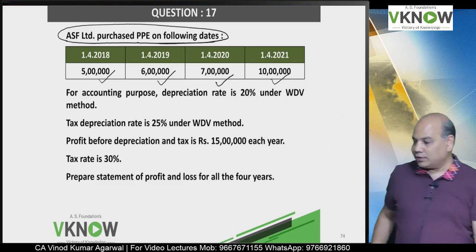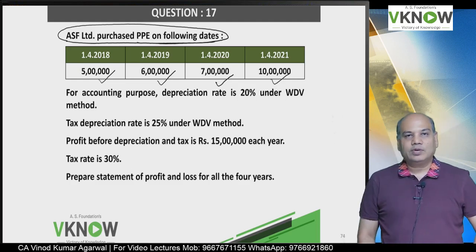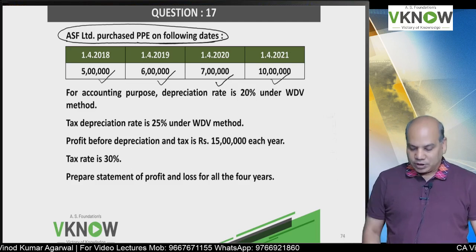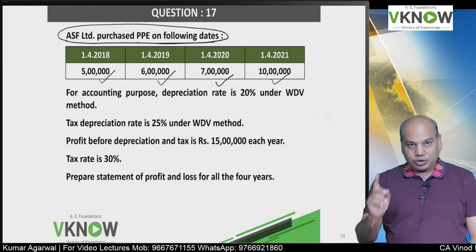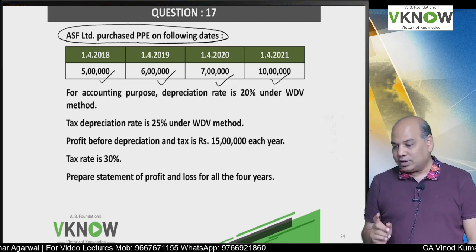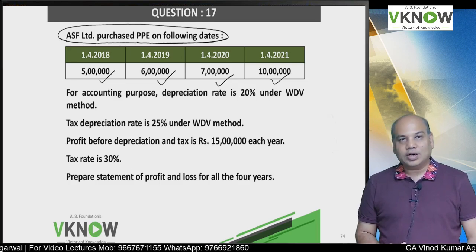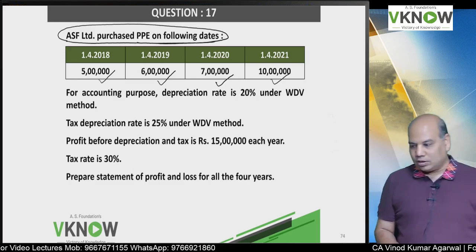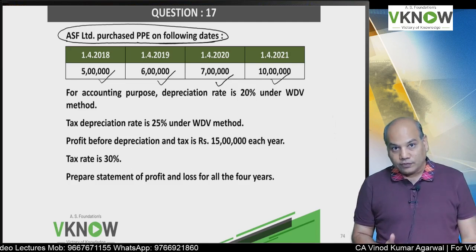So to make your life more miserable, they have given WDV method, which means every year the depreciation amount will change. PBDT is 15 lakh, tax rate 30%. Again they have asked you to prepare statement of profit and loss for all the 4 years.